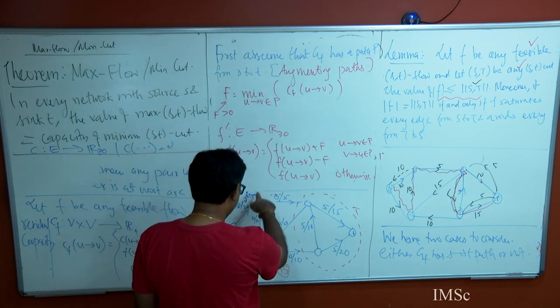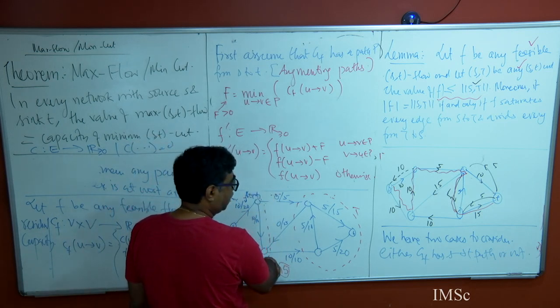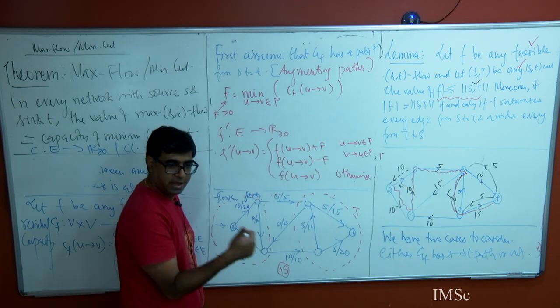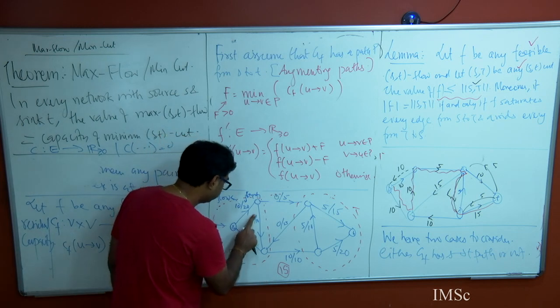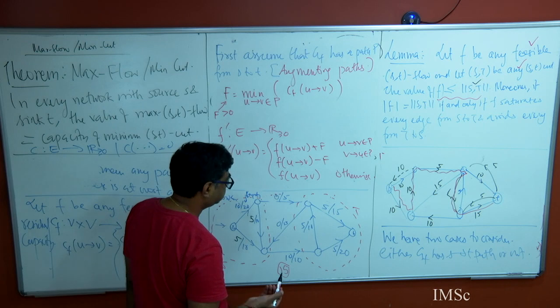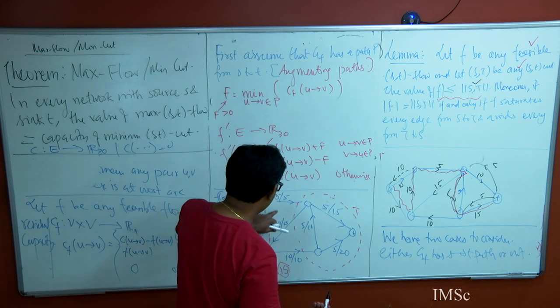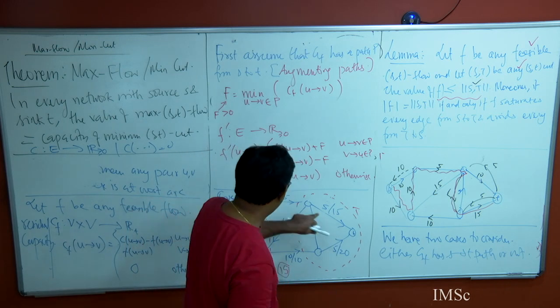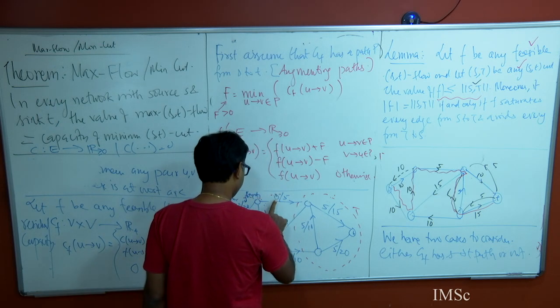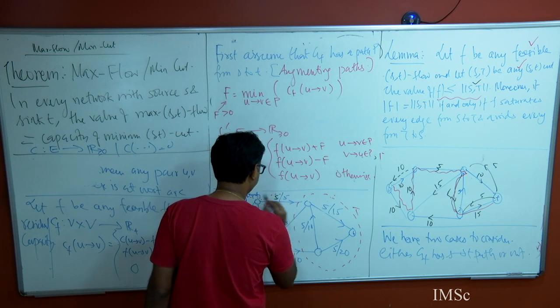Now I was sending 10 units of flow here, but what does it tell us? That you only send 5 units of flow here. So I send 5 units of flow here. Fine. Now, what does it tell us? Oh, along this path, please send 5 units of flow. Okay, so send 5 units of flow.